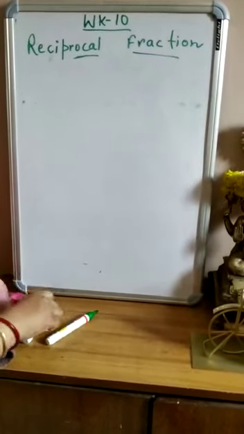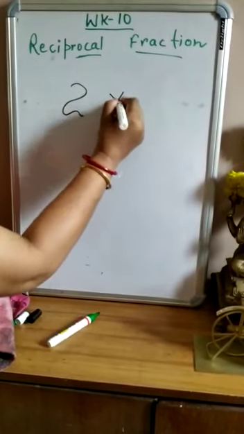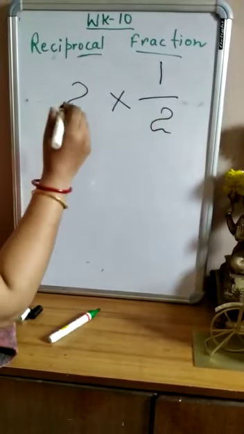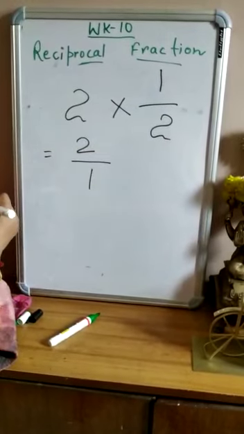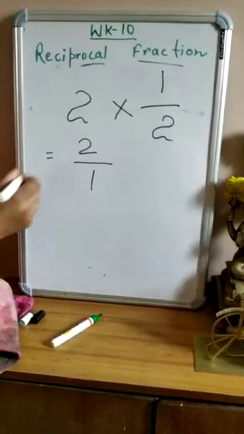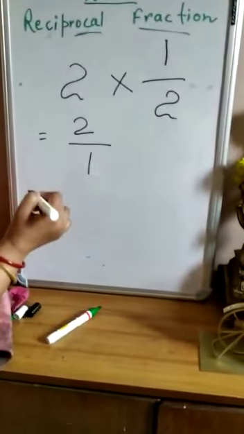Again, I am taking another example. Let us multiply 2 by 1 by 2. Here we can write 2 as 2 by 1, because every whole number can be written as a fraction divided by 1.